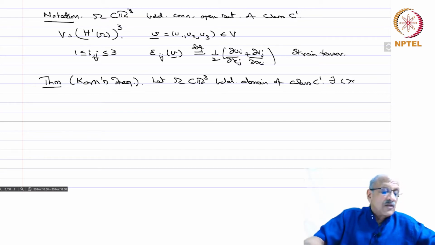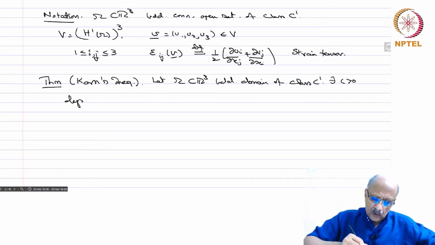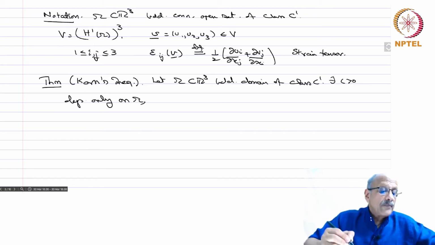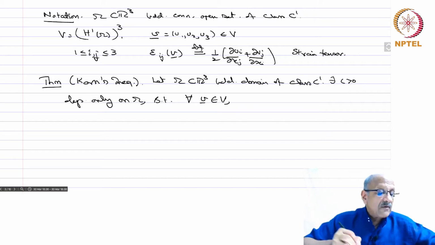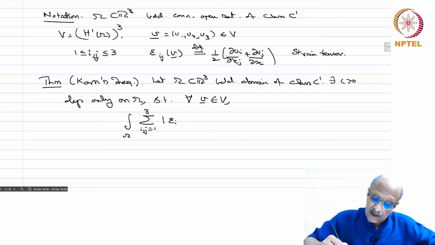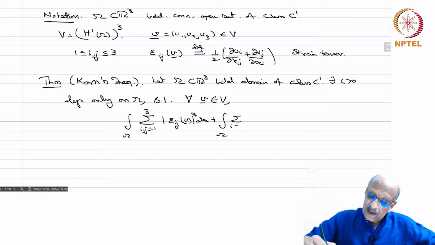There exists a C greater than 0 depending only on Omega such that for every v in V we have the integral on Omega of the sum over i, j equals 1 to 3 of mod epsilon ij of v squared dx, plus the integral on Omega of the sum over i equals 1 to 3 of mod vi squared dx, is greater or equal to C times norm v squared.